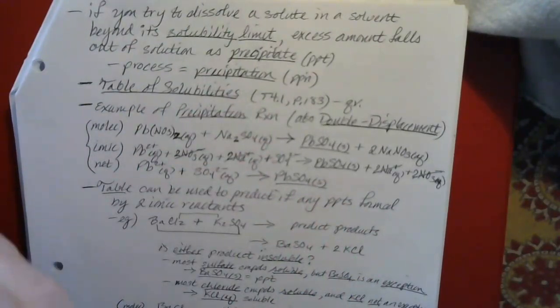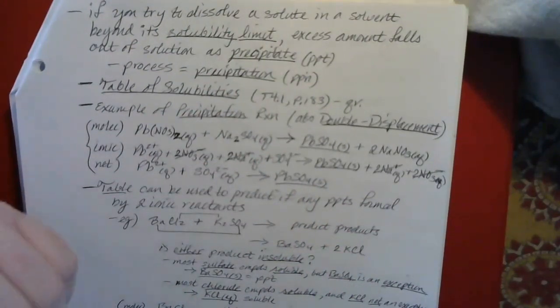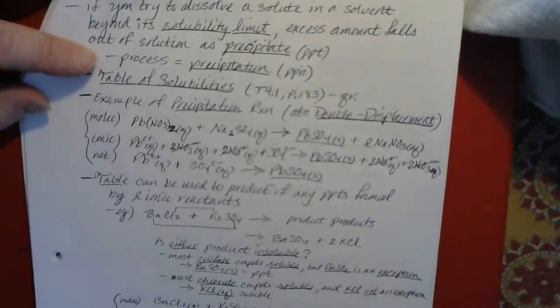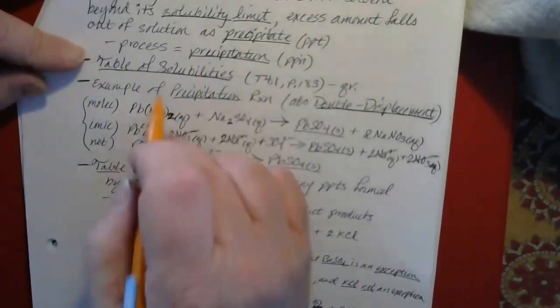So it is entirely possible that you could try to dissolve so much salt in the water that some of the salt just won't dissolve and it comes precipitating out as solid sodium chloride on the bottom of the container. That is possible. And the process would be known as precipitation.